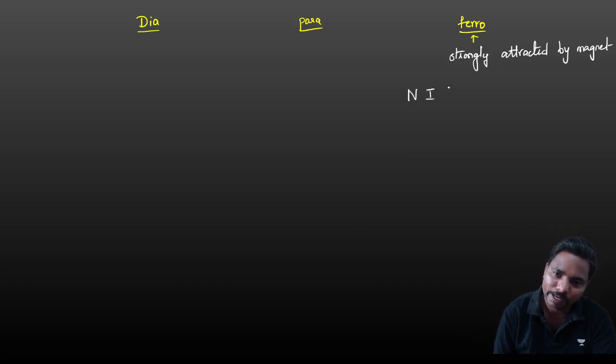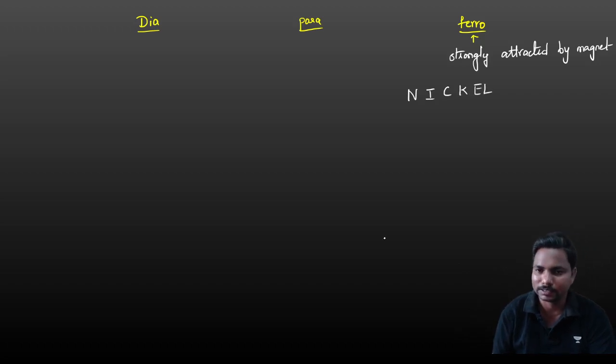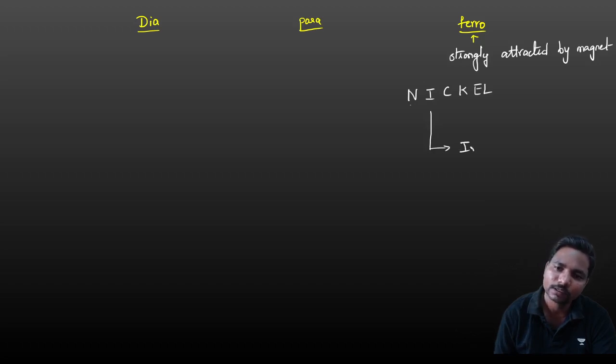Just remember as nickel: N for nickel, I for iron, and C for cobalt.